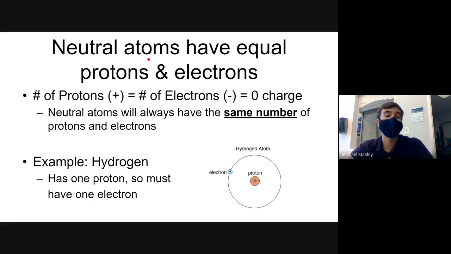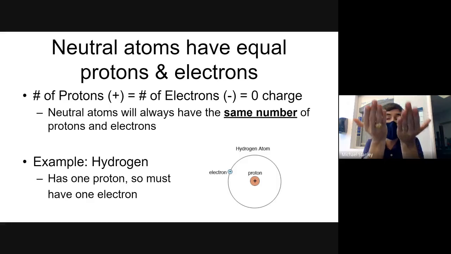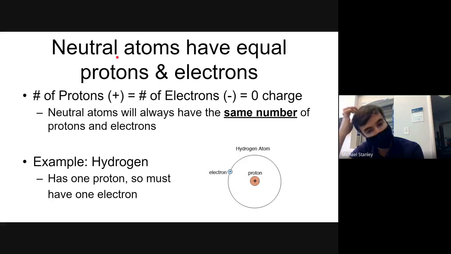So in a neutral atom, there will always be the same number of positive charges and negative charges, so that we don't have more positive or more negative. The positives and the negatives cancel out, which gives us no charge on our atom. So neutral atoms always have the same number of protons and electrons.